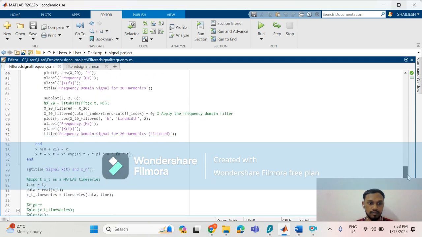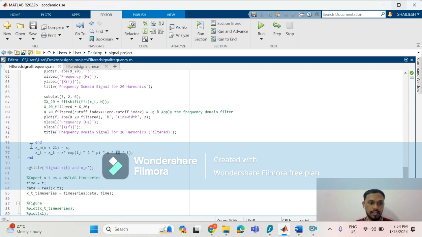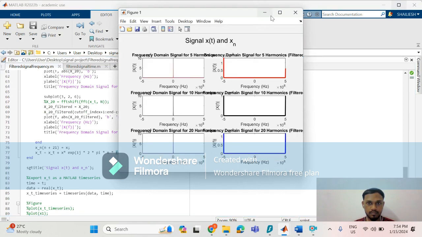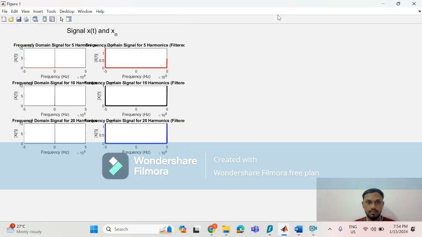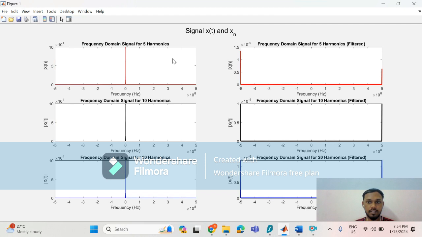Then we plot the graph. This is the xn equation and xt equation. For the frequency domain, we can see the difference between this one, before the low pass filter, and this one, after the low pass filter.